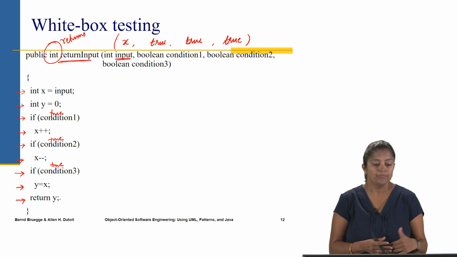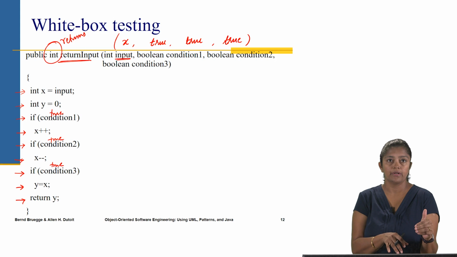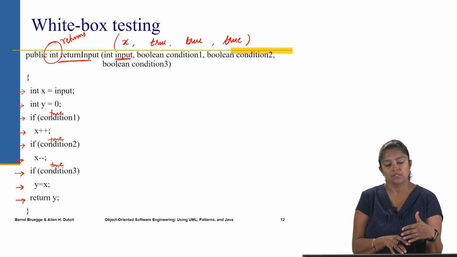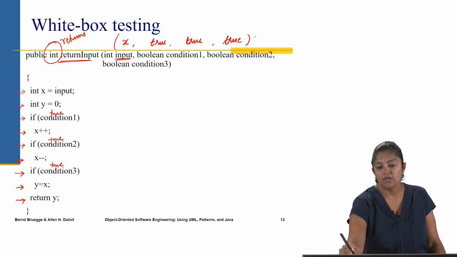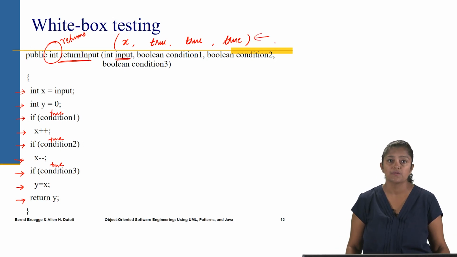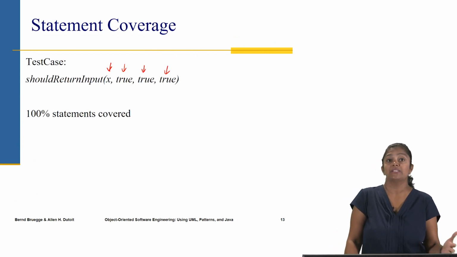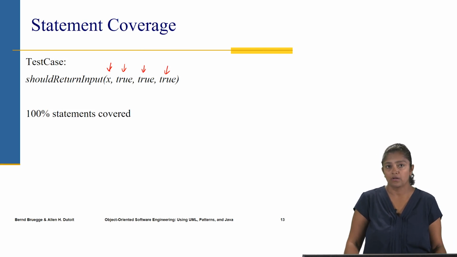As you can see, all of the statements in this method got covered. All of them got executed, which means all of them got tested. So there's 100% statement coverage with this single test case. That's called statement coverage, wherein we are just looking at the statements and whether all of the statements in the method got covered or not.